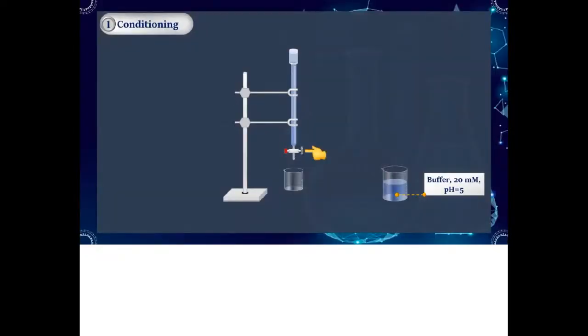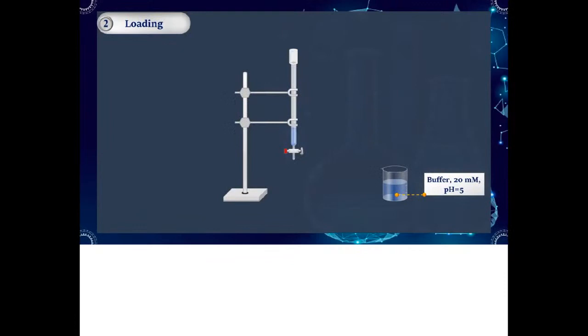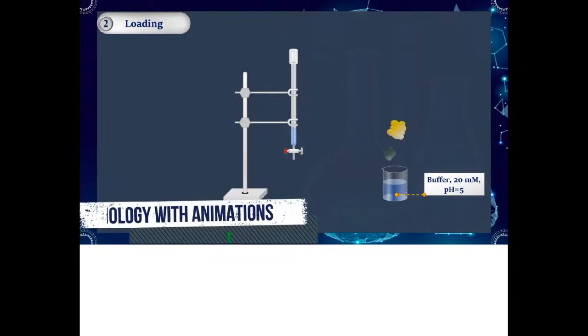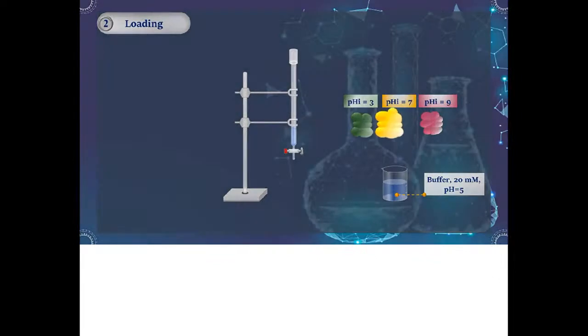When the column is equilibrated, the second step is sample application. Depending on the pH of their environment, proteins may carry a net positive charge, a net negative charge, or no charge. This net charge can be determined by comparing the pHi of each protein with the pH of the buffer. Proteins are large biomolecules, consisting of one or more long chains of amino acid residues.